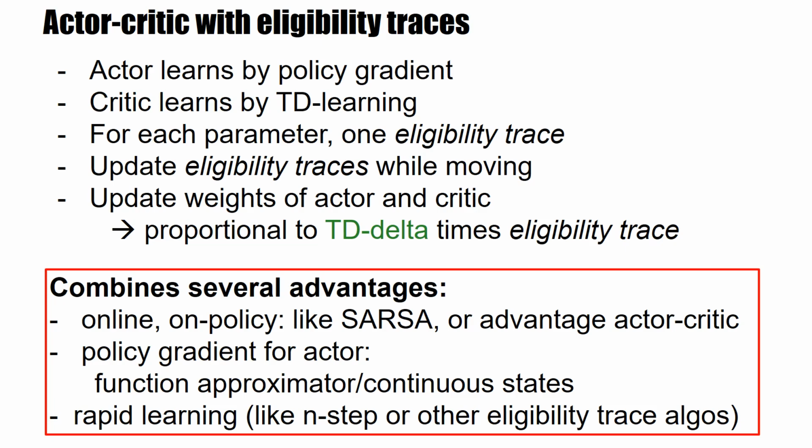And then we also have the rapid learning for the critic because we don't have this slow back propagation of information that we know happens in TD0 methods without eligibility traces. So we gain the advantage of an n-step SARSA or other eligibility trace algorithms.